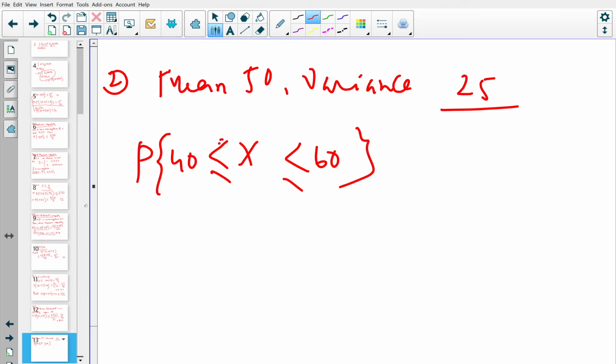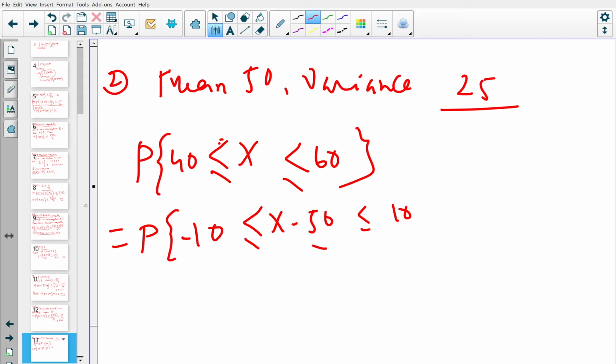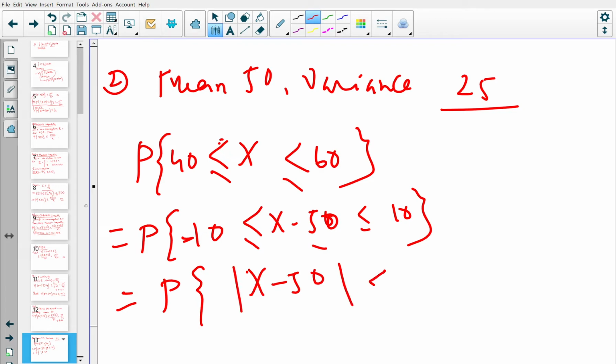So what does that mean? You can write x minus 50, where 50 is the mean, so that quantity is this, minus 10, right? So this is the probability that mod of x minus 50, the mean, is less than 10.